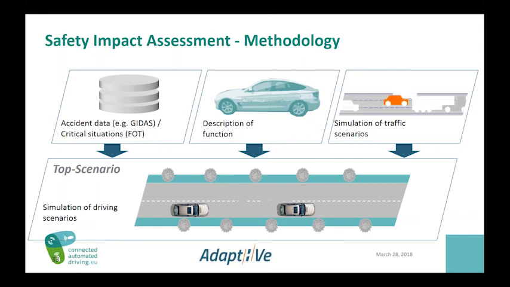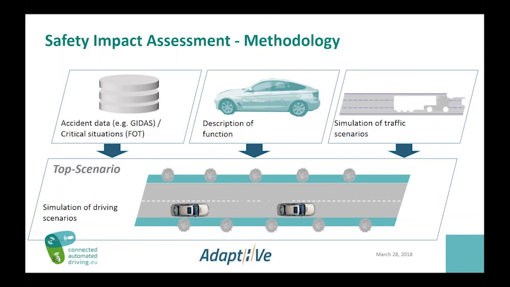And on the next slide, you see the methodology for the calculation of the actual impact assessment. So we have our function, which you can see here in the middle. There's a very much detailed description of the function. We have our accident data, which we can take, for example, from in-depth databases.